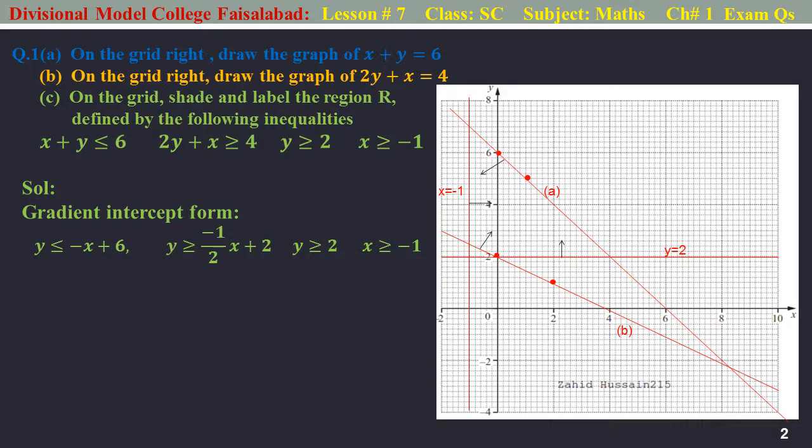Now the defined region is the region which satisfies all the lines. So we will start from a point where two lines meet. Because the region below this line is defined, we will shade this, and there is a corner again.